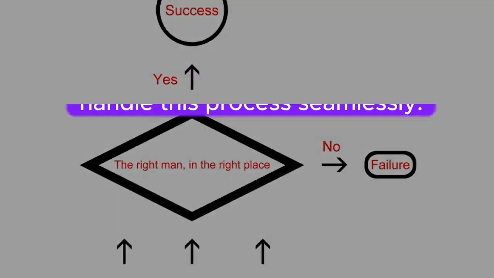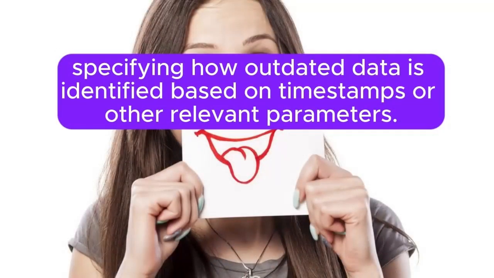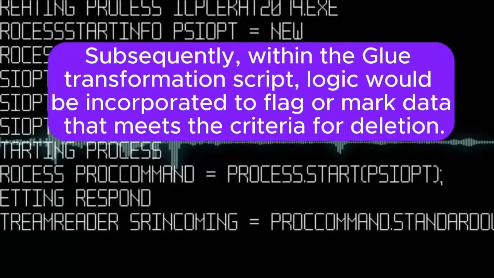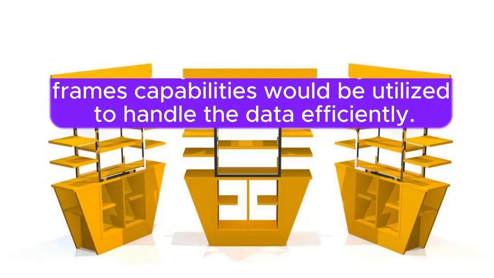process seamlessly. The first step would involve defining the retention criteria, specifying how outdated data is identified based on timestamps or other relevant parameters. Subsequently, within the Glue transformation script, logic would be incorporated to flag or mark data that meets the criteria for deletion. Additionally, AWS Glue's dynamic frames capabilities would be utilized to handle the data efficiently.